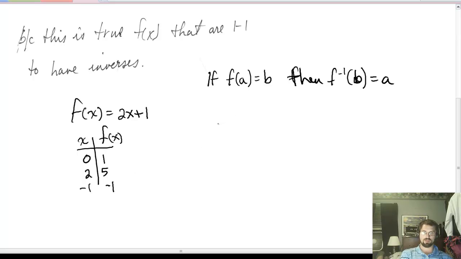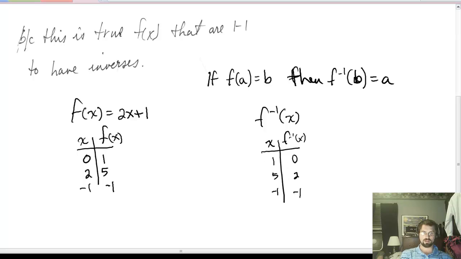So f inverse would take in these outputs here and it would give you back those inputs. So f inverse of x should have a table that looks like this, where all those y's become the inputs here and all those x's would be the outputs.